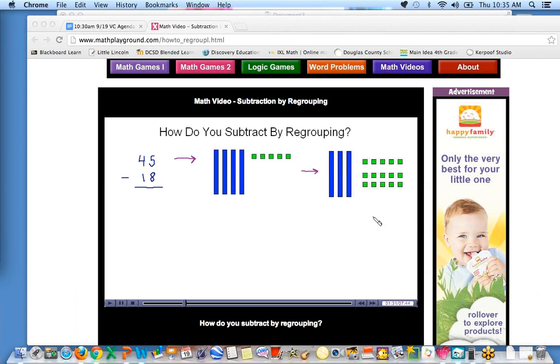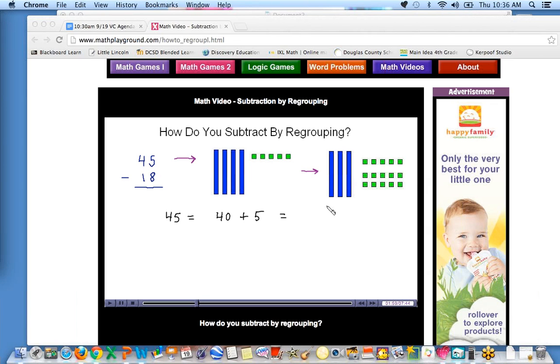This picture shows 3 tens and 15 ones. I took one of the tens and broke it down into 10 ones. So the number 45 can be written as 4 tens, which is 40, plus 5 ones.